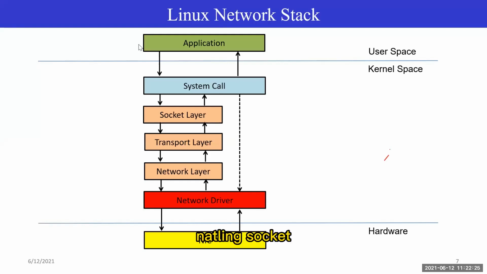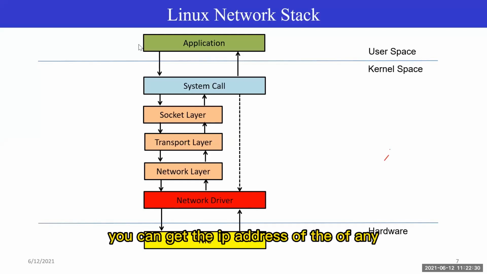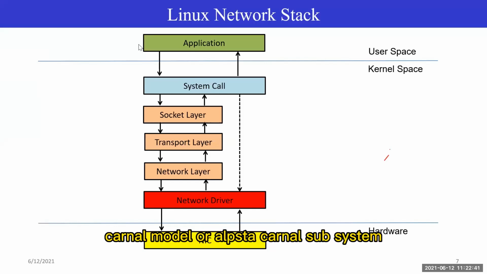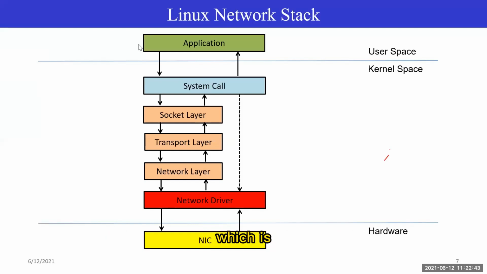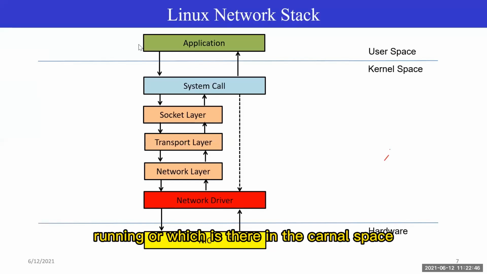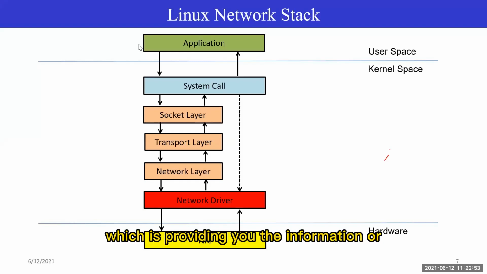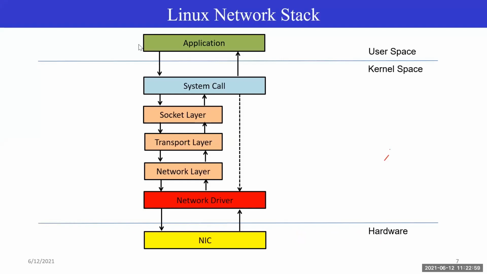For example, through a Netlink socket, you can get the IP address of any interface. That means there must be a kernel module, or I would say a kernel subsystem, which is there in the kernel space in the network stack, which is providing you the information, or which is allowing you to set the information for that particular system.